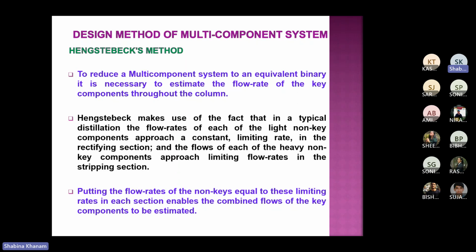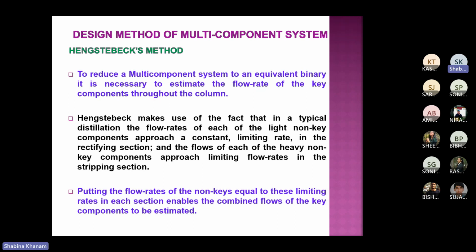I am just representing the multiple component problem as a binary problem. Therefore this method, Hengstebeck's method, is also called the pseudo-binary method or pseudo-binary approach, because exactly binary is not there, but we are making a binary system from a multi-component one. Once you make the binary system, you have only two components to deal with, and then you apply the McCabe-Thiele method to find the number of trays.